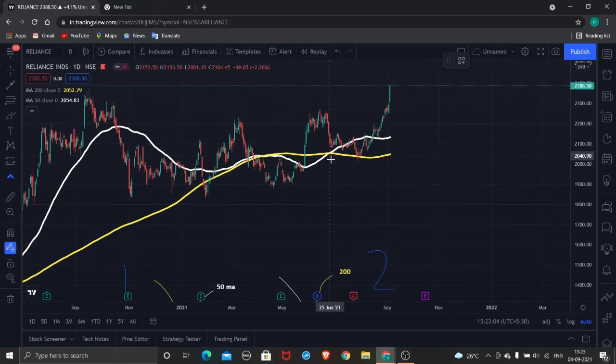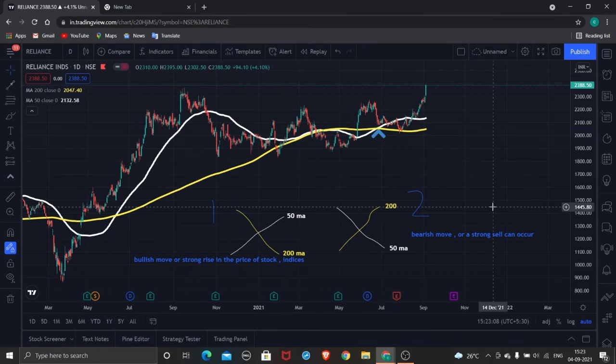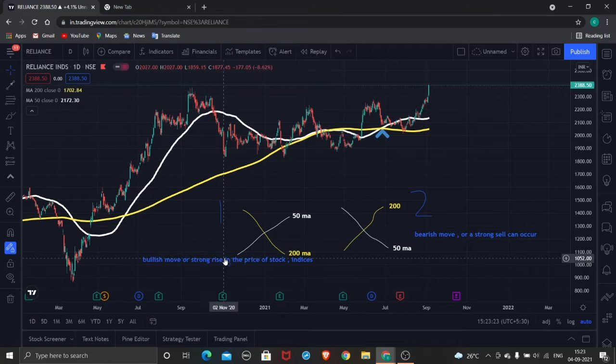At this point, the yellow color, which is the 200 moving average, is crossing the 50 moving average in a downward direction; the 50 moving average is crossing it in an upward direction. So a bullish move, or a strong rise in the price of a stock or indices.